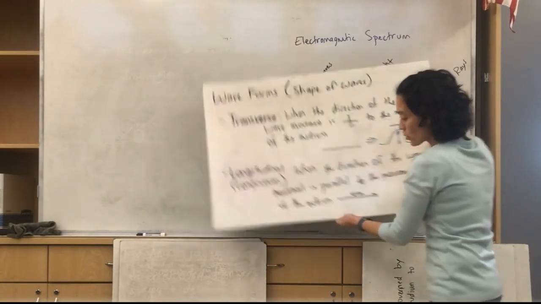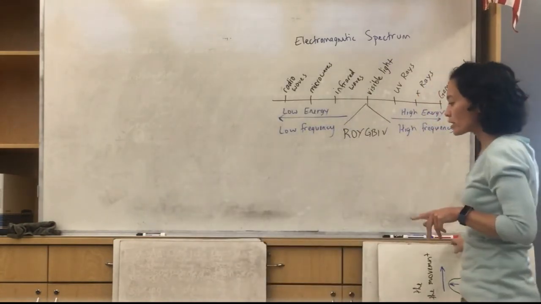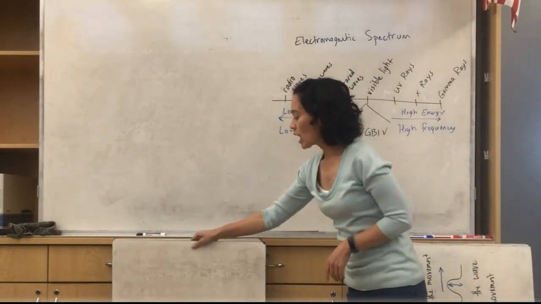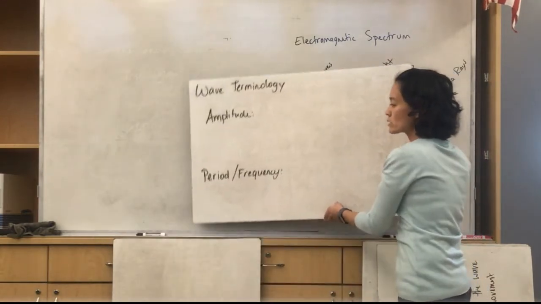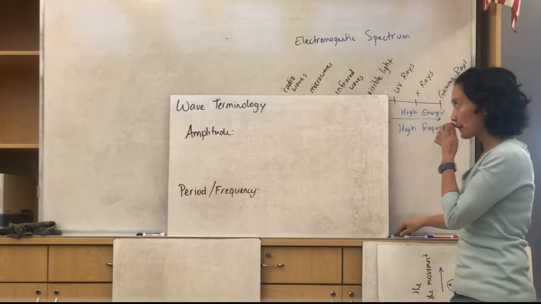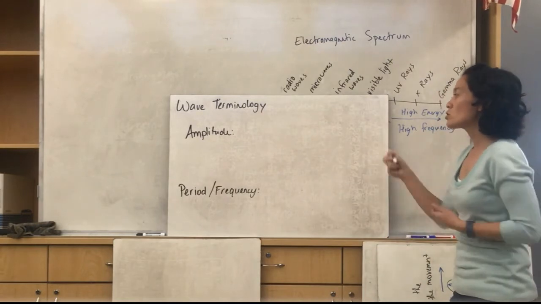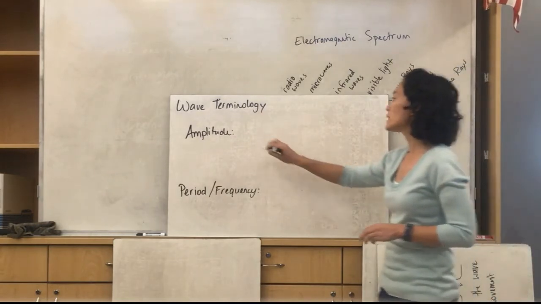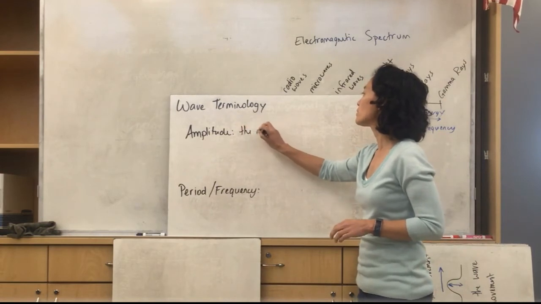Okay, so let's review a little bit of wave terminology. We studied these ideas when we first studied oscillations, but now we're going to apply them to our waves. So recall that amplitude is the maximum movement from equilibrium.